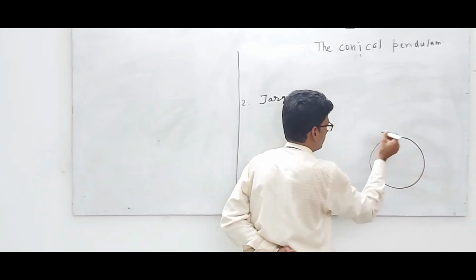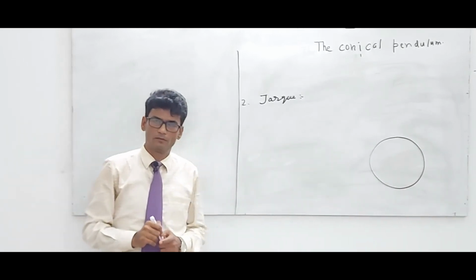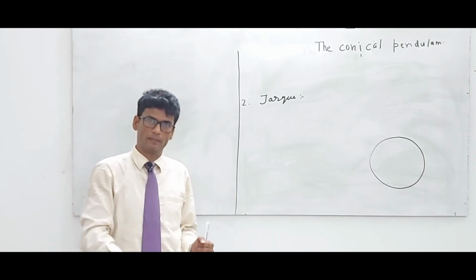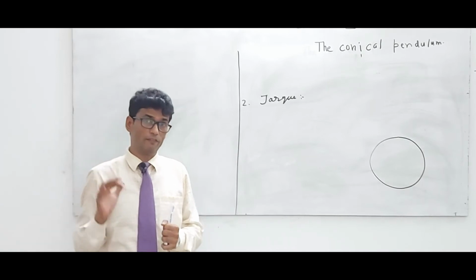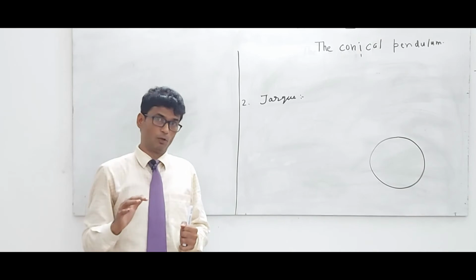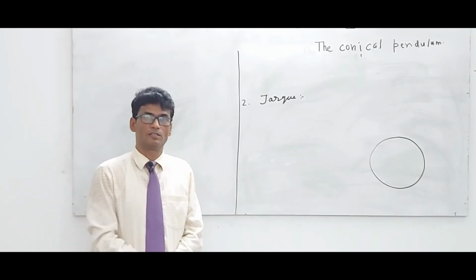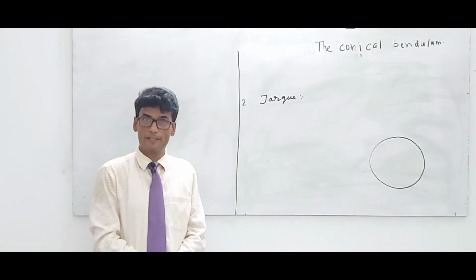This is the horizontal circle. We are going to find torque and angular momentum only when the bob of this conical pendulum is moving with constant angular velocity. Okay, keep in mind.